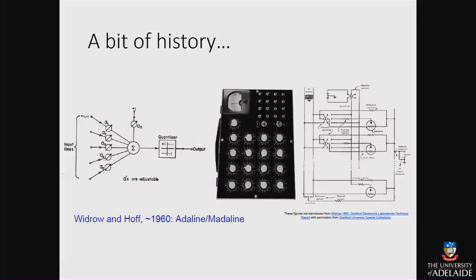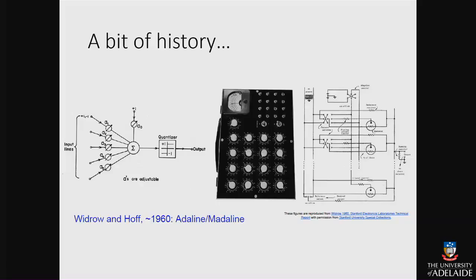So in 1960, some people built a physical device that implemented an early single-layer artificial neural network. The Mark 1 Perceptron is just a linear classifier. They basically used a motherboard to implement a single linear classifier.